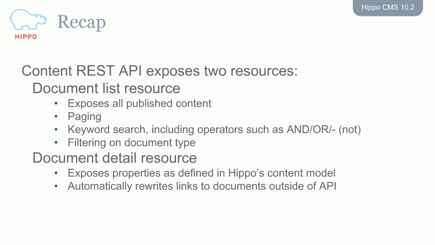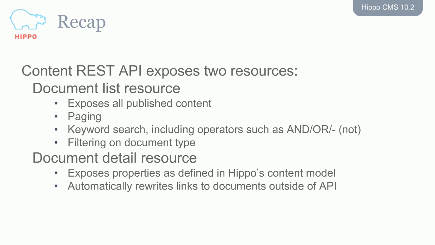One thing we didn't see is the filtering on the document type, but you can read more about that in the online documentation. And also the document detail resource, which exposes all the properties of a Hippo document as defined in the content model.